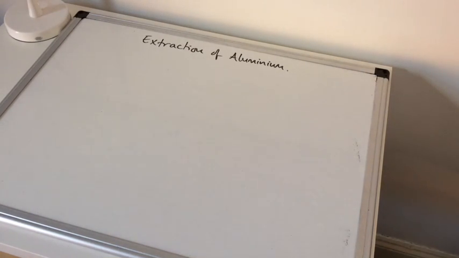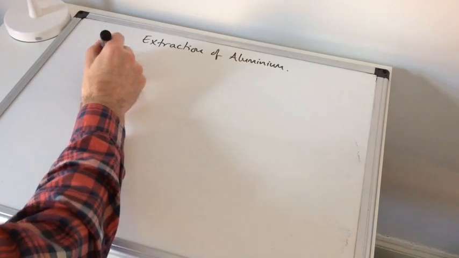In this video, I'm going to look at the extraction of aluminium. So the first thing to say is aluminium is actually a very common, abundant element. The only problem is because it's so reactive, it occurs combined with other chemicals in substances that we call ores.